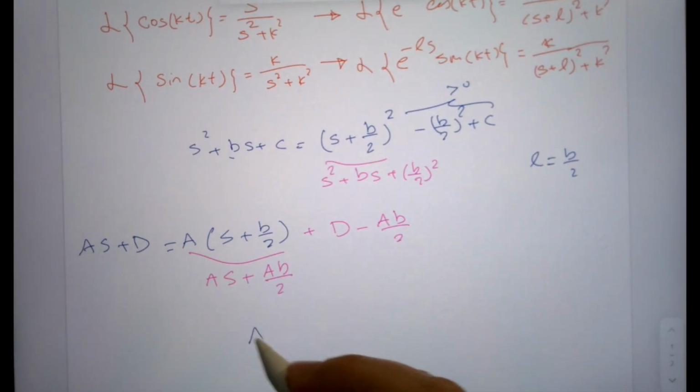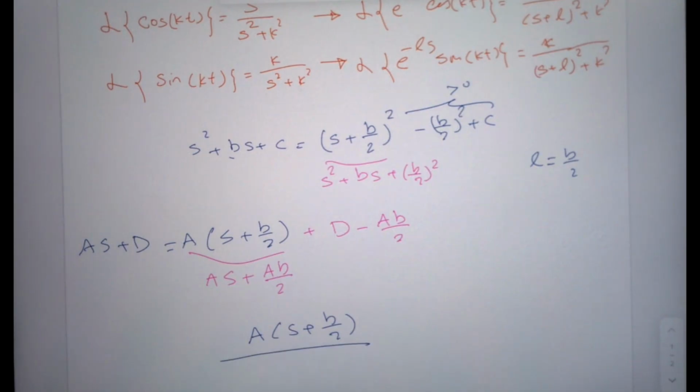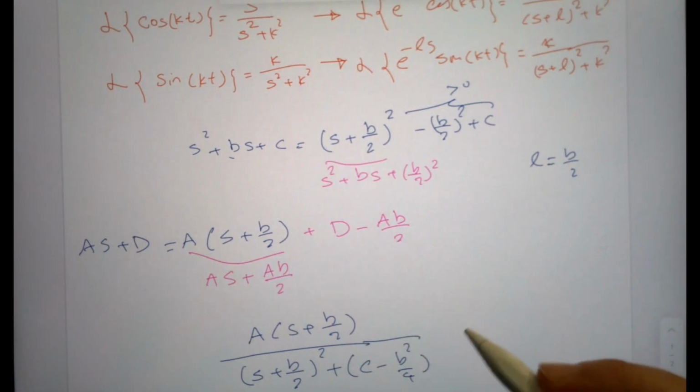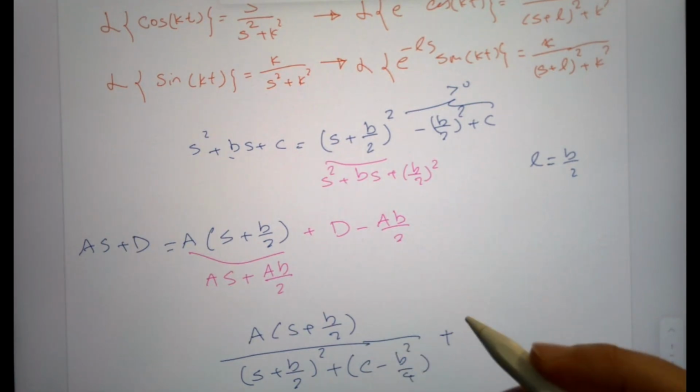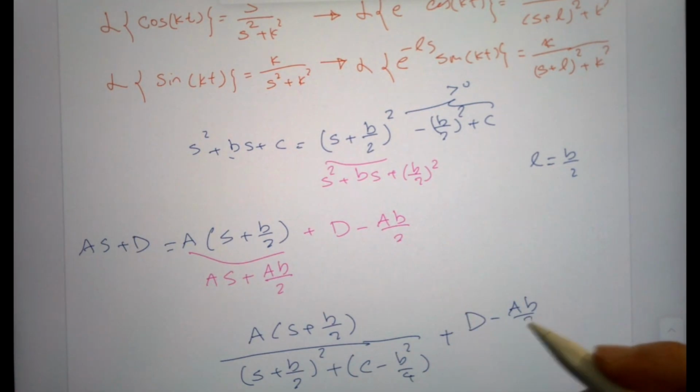So I'm going to write it as s plus b half over that completed square, which is c minus b squared over 4, then plus d minus ab over 2.